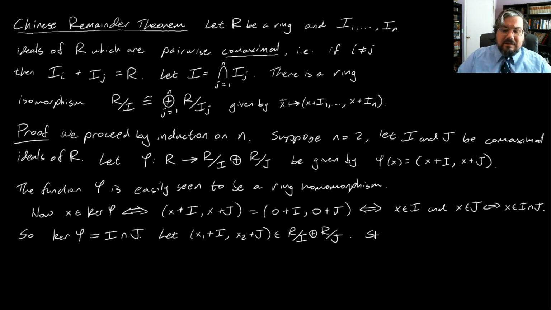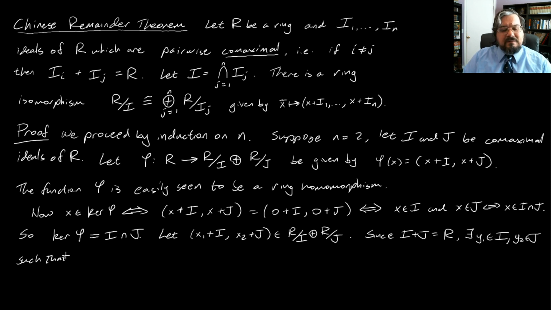Now, since I plus J is the whole ring R, this tells us that there exists y1 in I and y2 in J, such that y1 plus y2 is equal to 1.